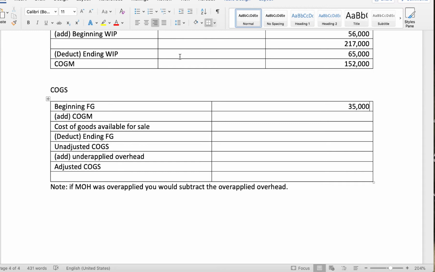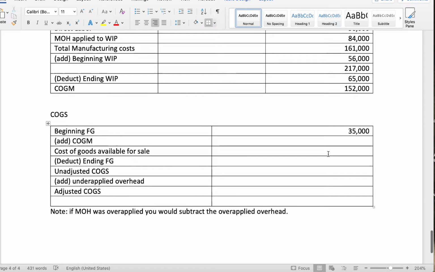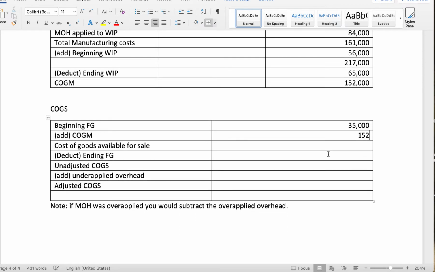I need to add the cost of goods manufactured. I already figured that out in the first part of the problem. So that's the 152,000. I add those two together. Guess what that gives me? That gives me the cost of goods available to be sold. That ends up being 187.